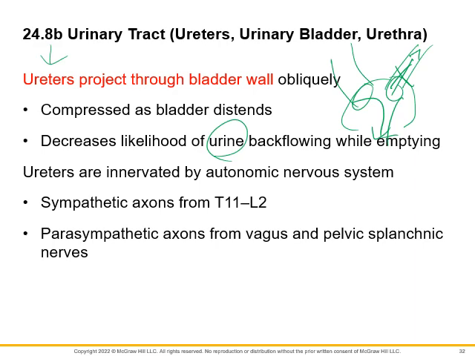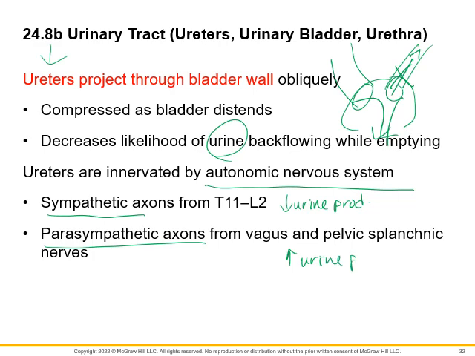And then they want to make sure that you understand that these are innervated by the autonomic nervous system. So remember sympathetic, fight or flight. Hopefully we know sympathetic is going to decrease urine production. And then parasympathetic, which is rest and digest, is going to increase urine production.